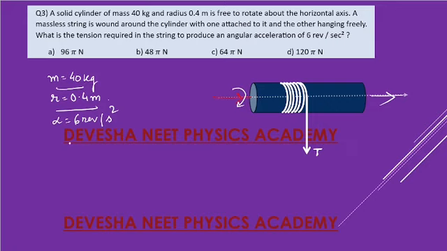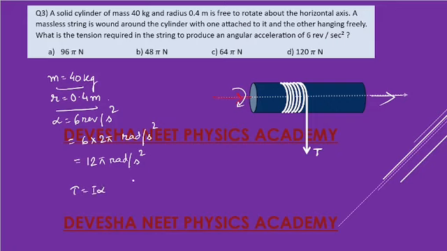So 6 revolutions means what? 6 into 2 pi radians per second square. Everything is given in terms of pi here, so we need to calculate in terms of pi. So this is 12 pi radians per second square. Now tau, we know, is equal to I into alpha.